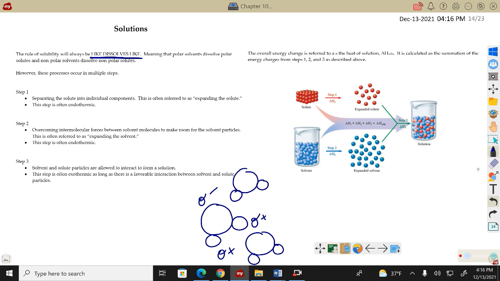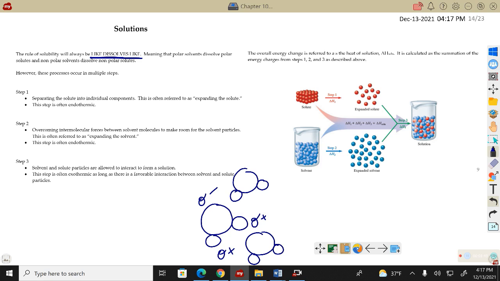Like dissolves like. Anything else that's got a charge is attracted to water molecules. It could be other molecules that are polar, that have these partial positive and partial negative regions. They would align themselves so that they're attracted to the partial positive and partial negative regions of the water molecule.